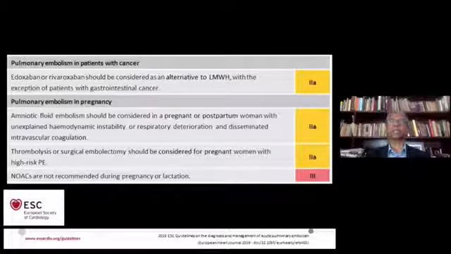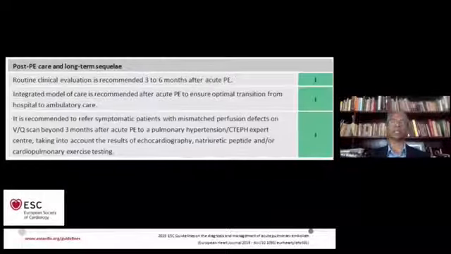In patients with cancer, consider edoxaban or rivaroxaban as an alternative to LMWH. In pregnancy, consider that it may not just be a pulmonary embolism, but also an amniotic fluid embolism, and consider thrombolysis or surgical embolectomy if the person is at high risk, though it is a risk factor. But NOACs are not recommended during pregnancy or lactation because we don't have enough evidence.